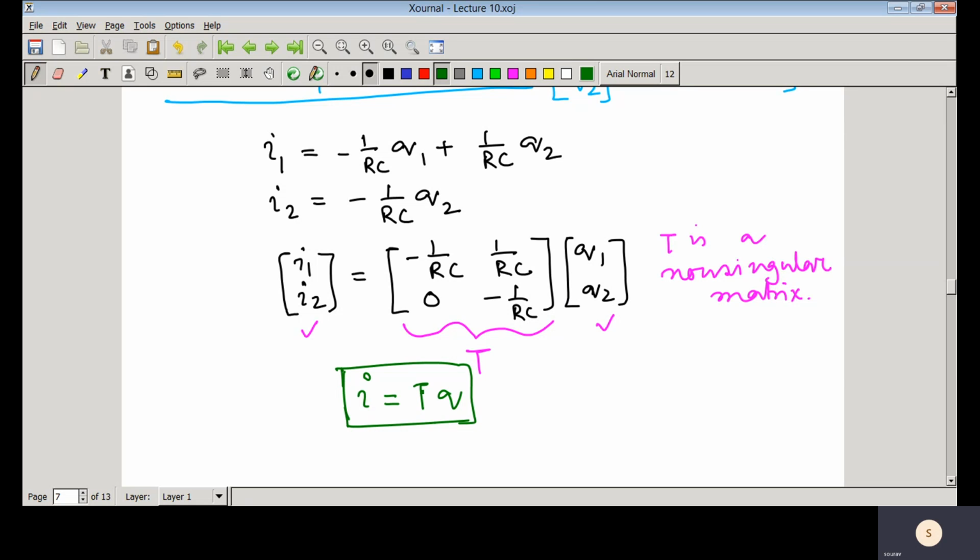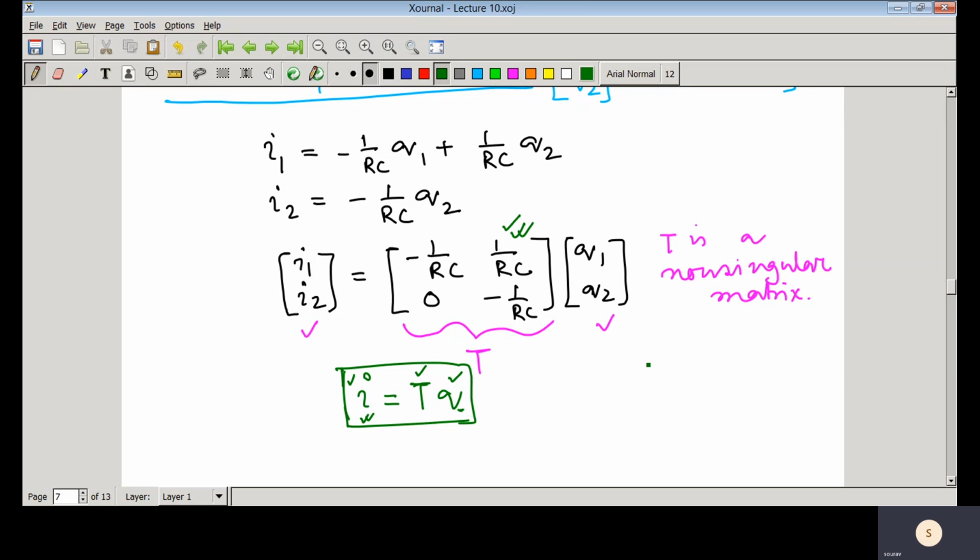So we can understand that if we have a Q vector and multiply it with a non-singular matrix, we would have another vector. In this case, if we multiply Q with this particular matrix, which is a specific matrix, then we will have a new state vector, and this state vector has some physical meaning, that is the currents. But as we have discussed, state variables may not always have some physical meaning.